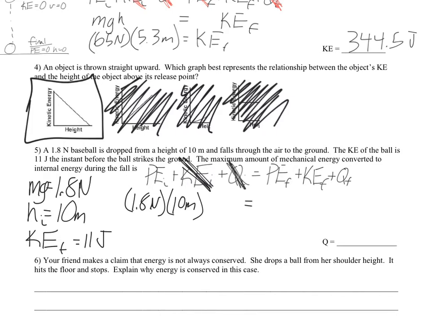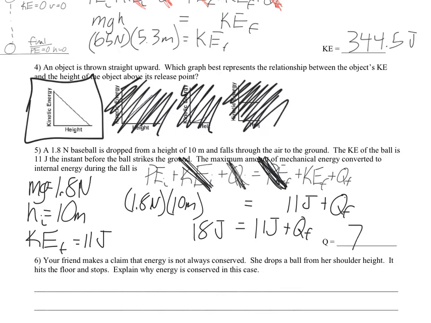And that's equal to, the final potential energy is also 0 because it's at ground level. The final kinetic energy is given to us, that's 11 joules. And Q final is our unknown. So this comes out to be 18 joules equals 11 joules plus Q final. Therefore, Q final must be 7 joules.